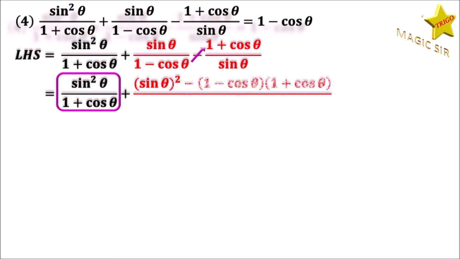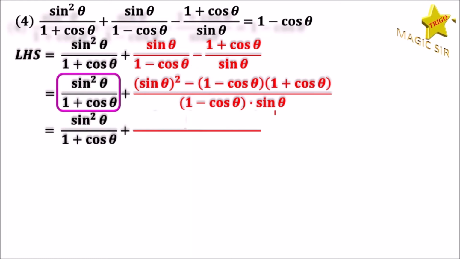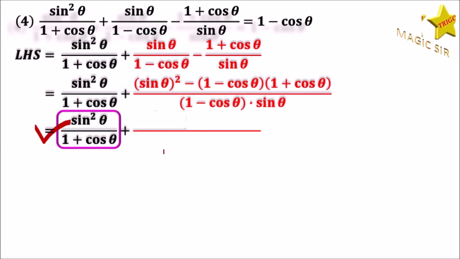Now see the pink arrow. We have 1 minus cos theta into 1 plus cos theta. In the denominator, see the golden arrow. We have 1 minus cos theta into sin theta. Again, the first fraction remains as it is.